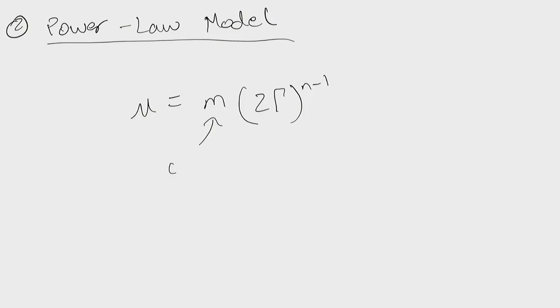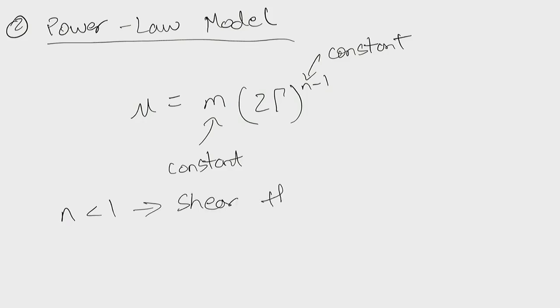Here m is a constant, and n, as before, is also a constant. And we have, for n less than 1, shear thinning behavior.